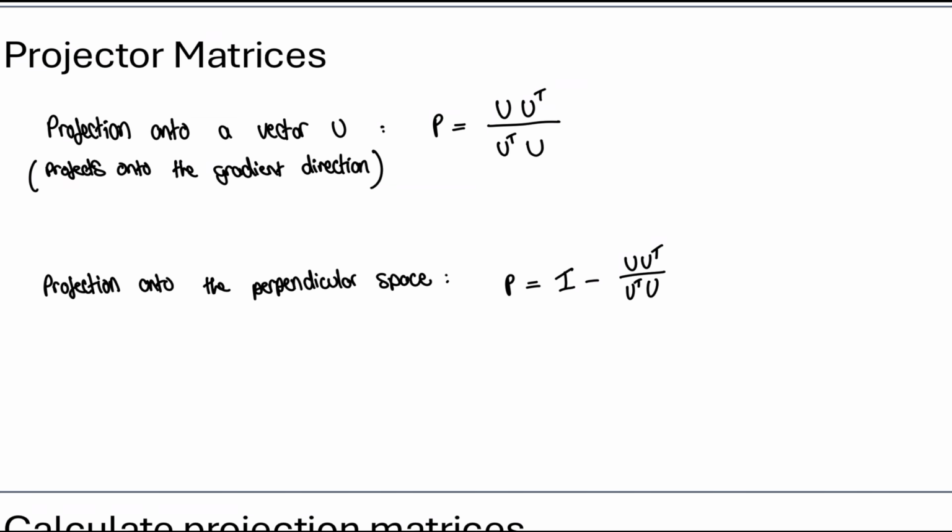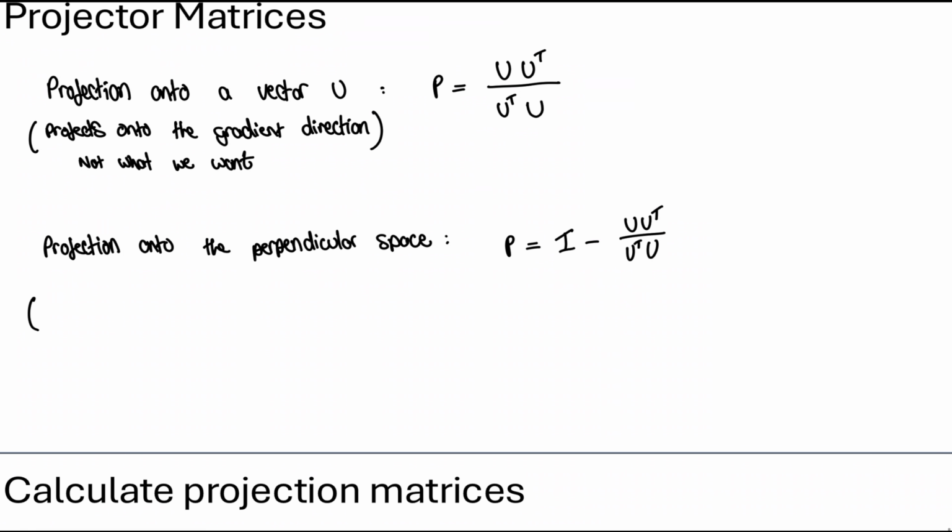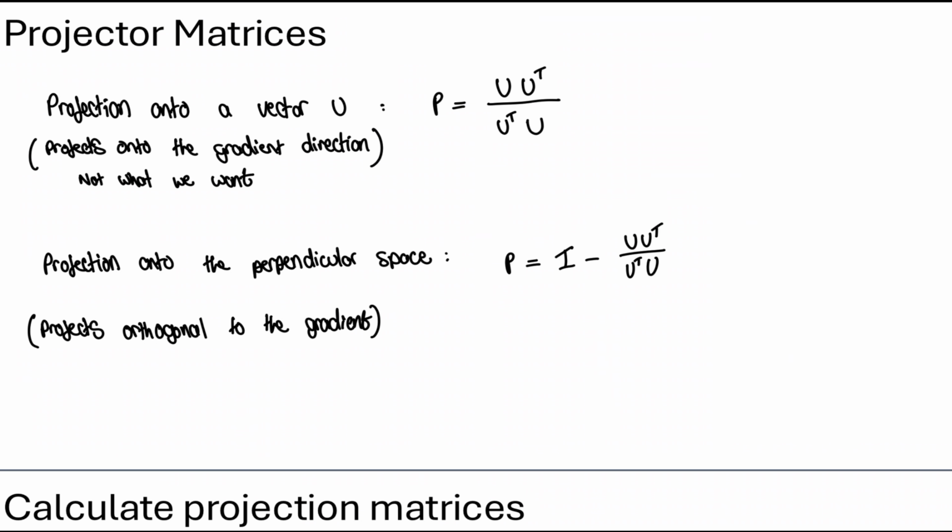So if we use this formula, we are essentially projecting onto the gradient direction, which is not what we want. And then projection onto the perpendicular space is basically saying we are projecting orthogonal to the gradient. So this is useful to us.